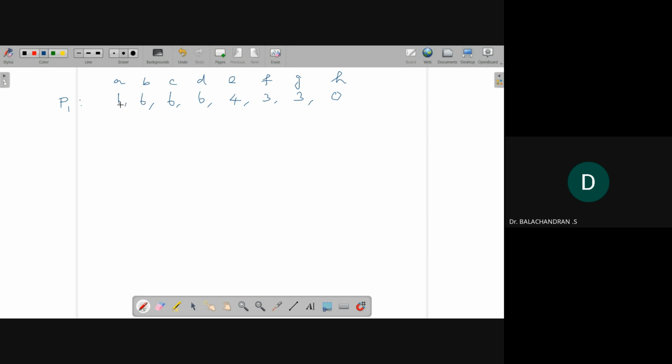From here, if I subtract 1 from 6, I'll get 5. From each one, I am going to subtract one. So 6 minus 1 is 5, here 6 minus 1 is 5. Totally we have 6 ones, and I am going to subtract one from each of the first 6 elements: 1, 2, 3, 4, 5, 6.